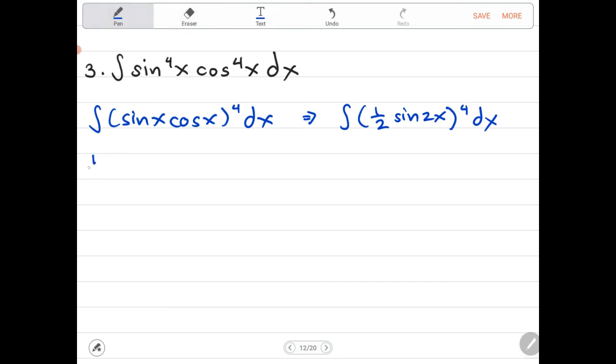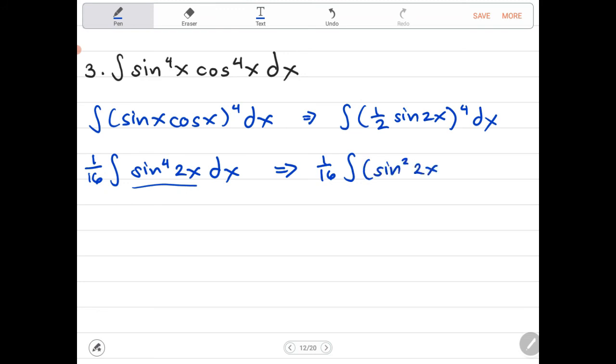So we have 1 over 16 the integral of sine raised to 4 2x dx. Next, another substitution for this. Very good. The squared, right? So we can rewrite it as 1 over 16 the integral of sine squared 2x squared dx.